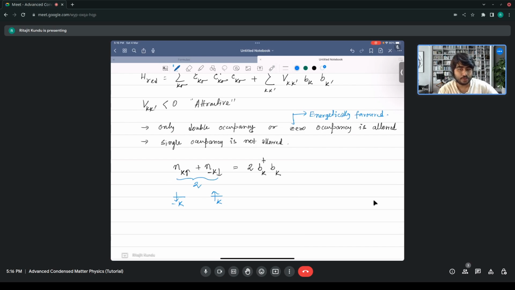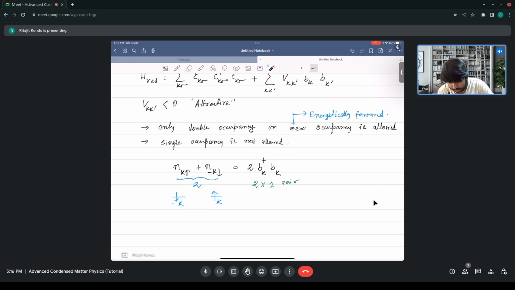On the other hand, if you think in terms of pairs, there is one pair, k and minus k form a pair. So for these 1 plus 1 electrons, I have a single pair. So if I do 2 times 1 pair, this relation makes sense.